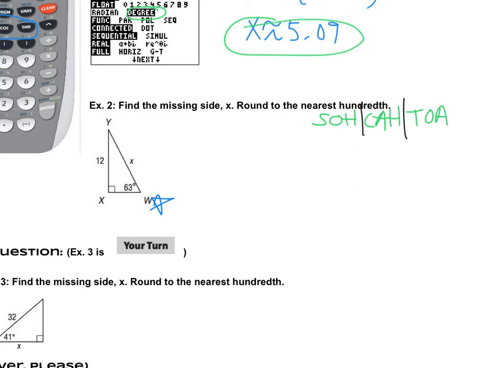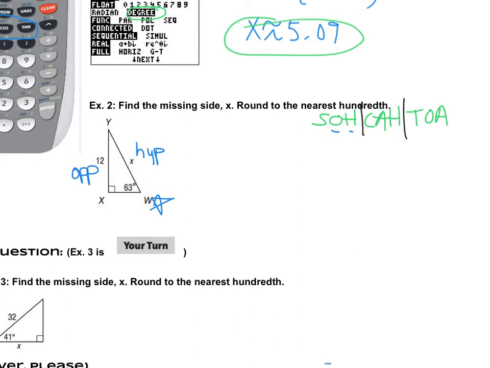So what is 12 in relation to that angle? Of course, you guys, that's the opposite. And what is X? That's always the hypotenuse when it's across from the 90-degree angle in the triangle. So if we have opposite and hypotenuse, that means we are going to set up a sine ratio proportion.